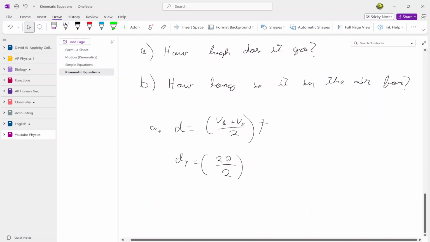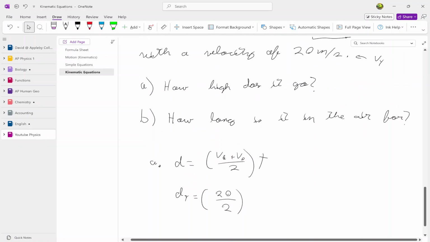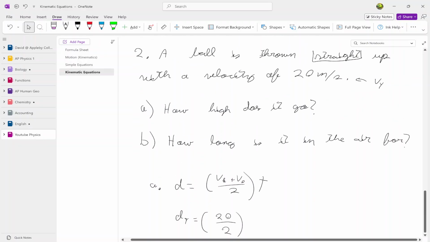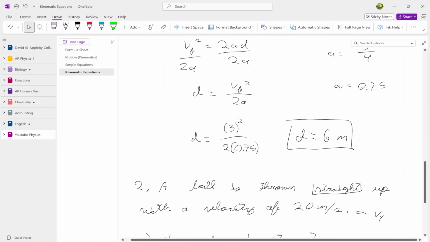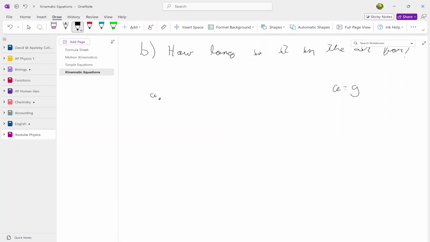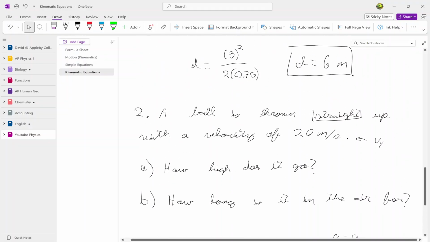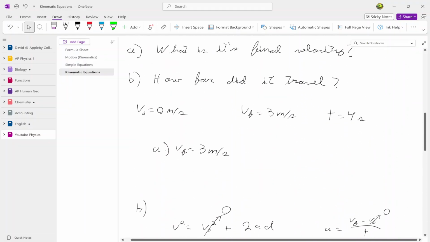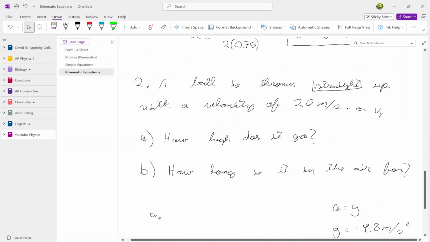Oh, we do have acceleration. Oh, I'm so stupid. Acceleration equals gravity. Wow. Okay, rookie mistake there, huh? Remember, acceleration is always there.